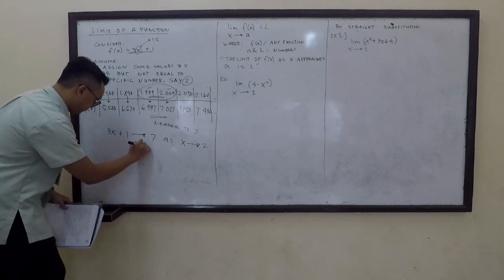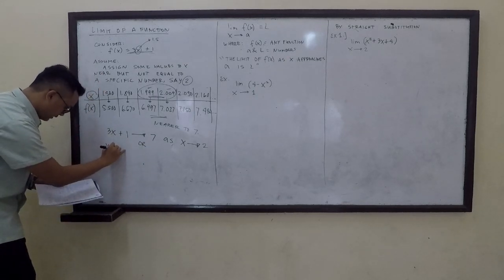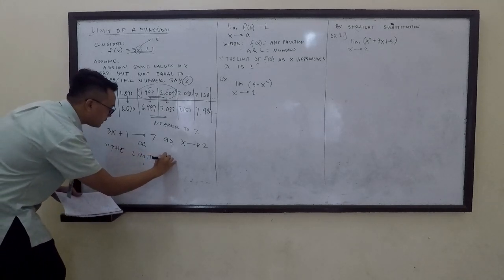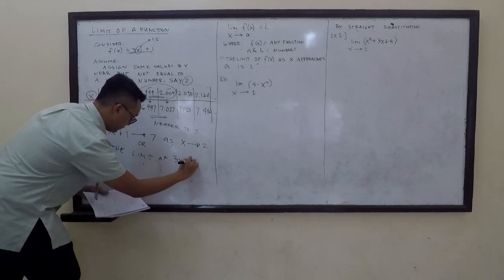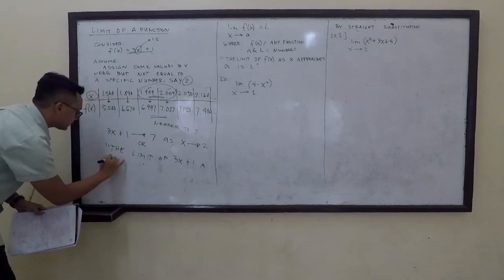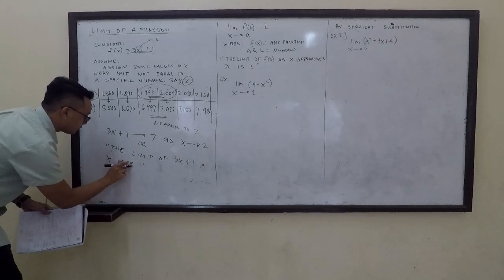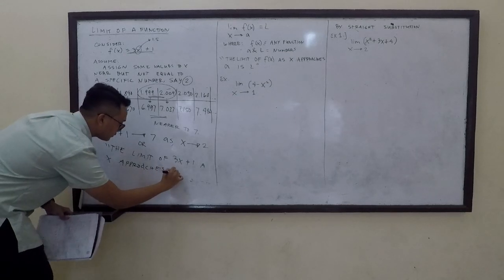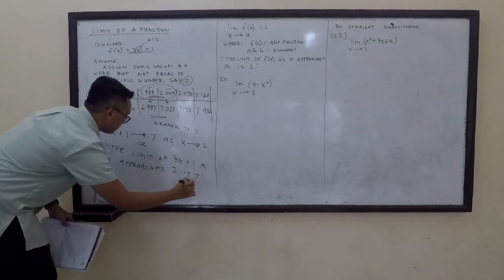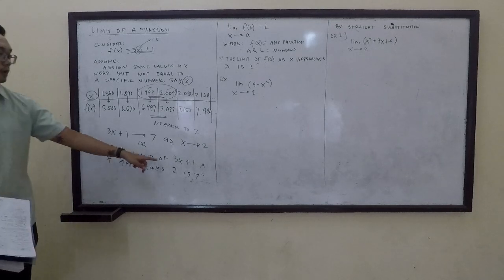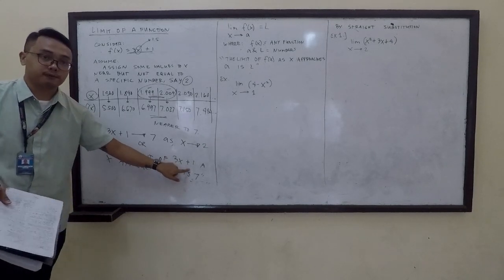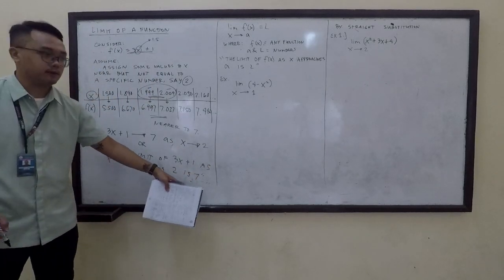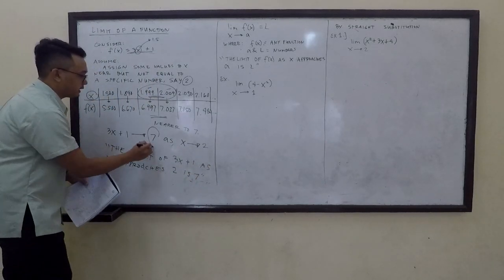So now, the limit of 3x plus 1, which is a function, as x approaches 2 is 7. So that is the limit of this function.